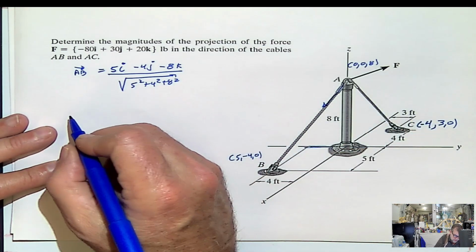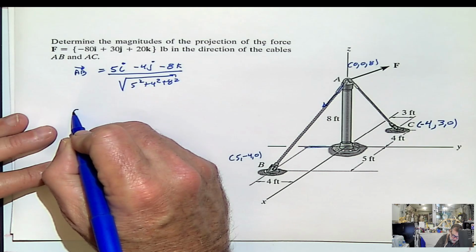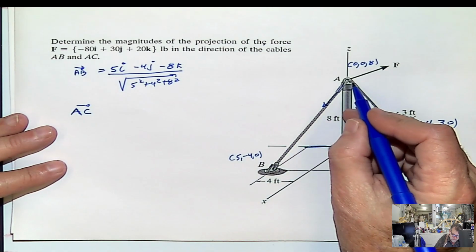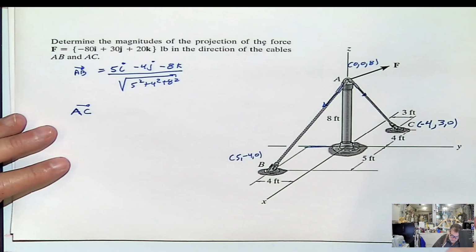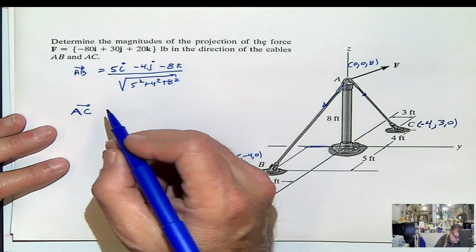For example, if I have to find the position vector AC, I should subtract the coordinates of C minus the coordinates of A, and that is correct.